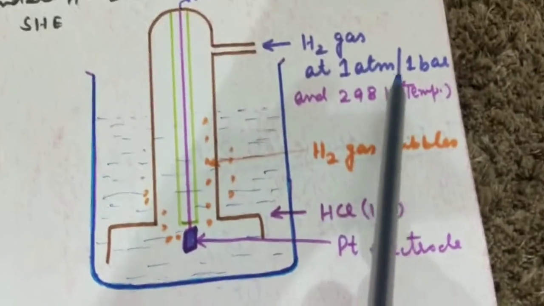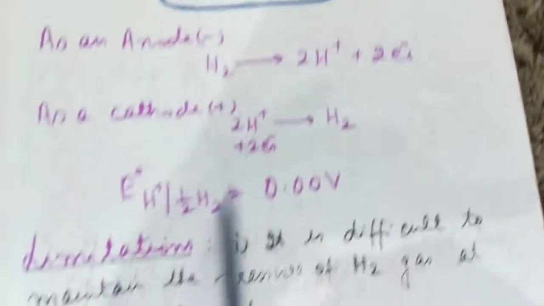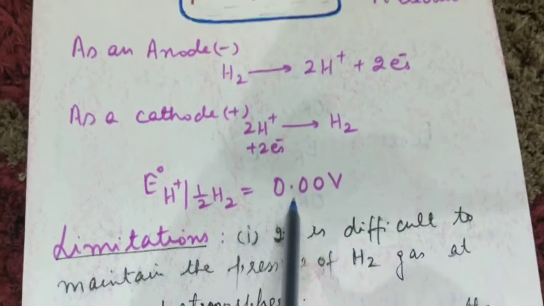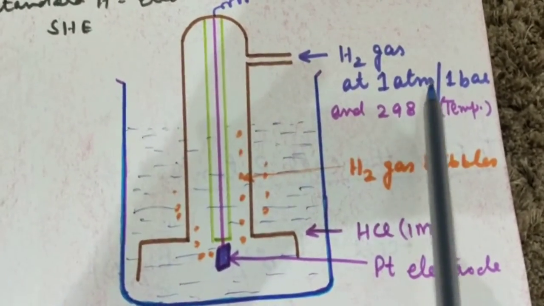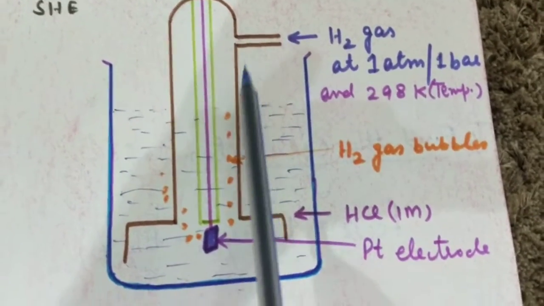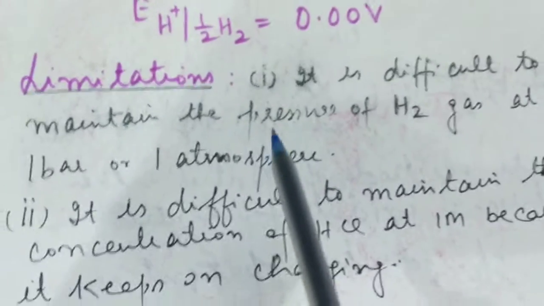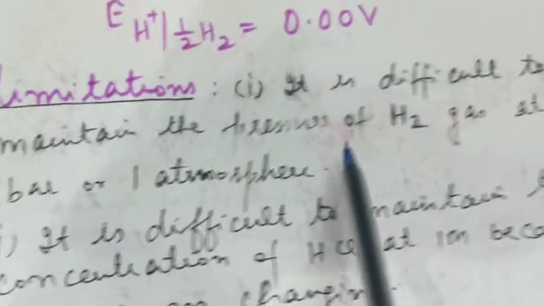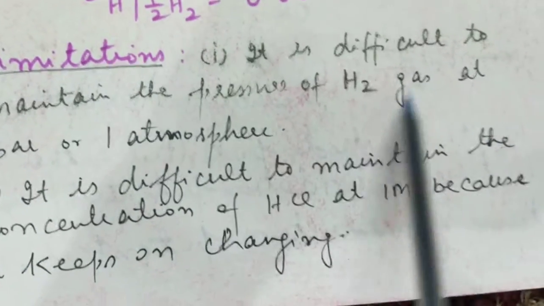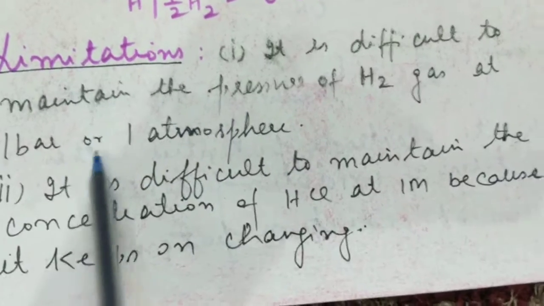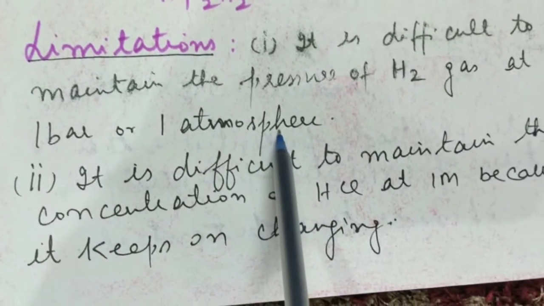Only then is our condition achieved. So the pressure of hydrogen changes, therefore we have to keep it constant, that is at 1 bar or 1 atmosphere. It is difficult to maintain the pressure of hydrogen gas at 1 bar or 1 atmosphere.